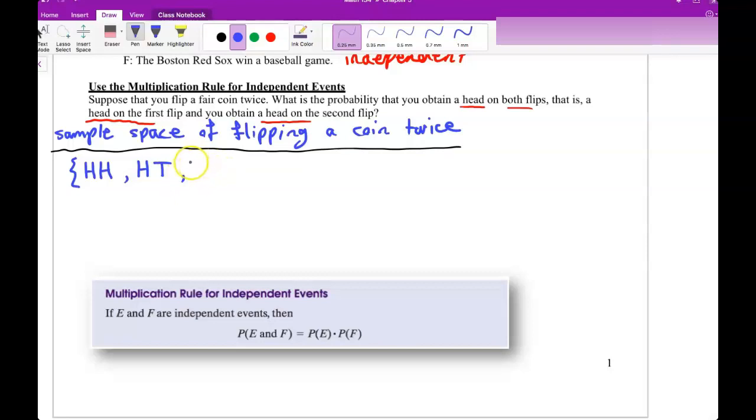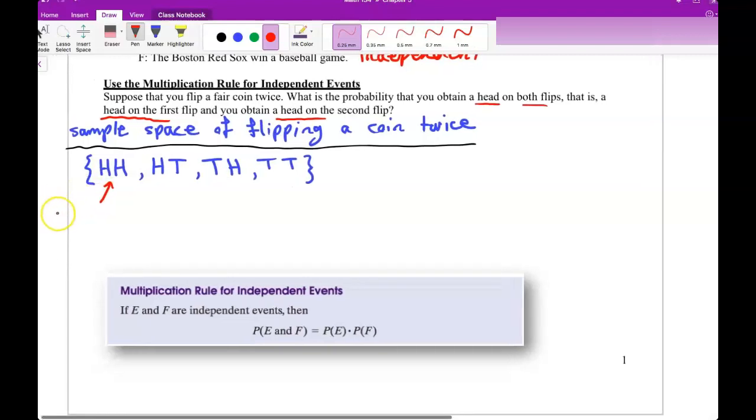Another one, I can have the first try tail, and second one head. Or maybe we got both of these tail. What we need on this part is, what is the probability that you obtain both of these heads? So we need this one, head on both.